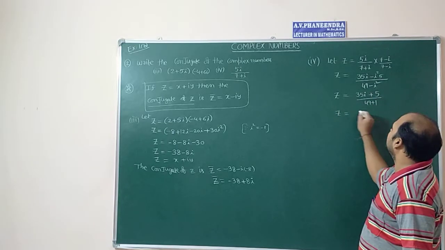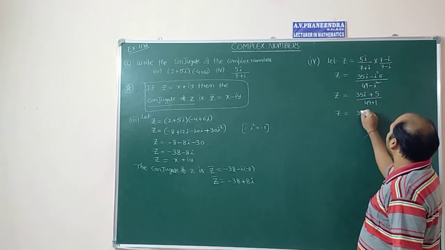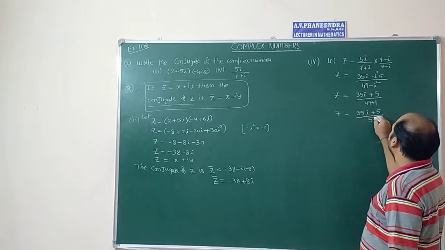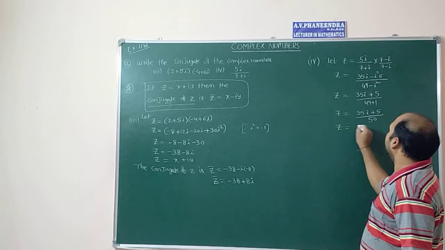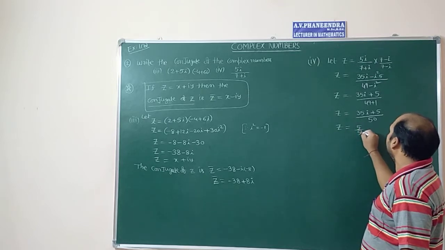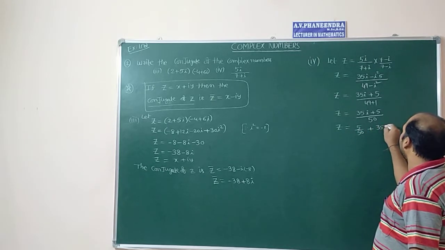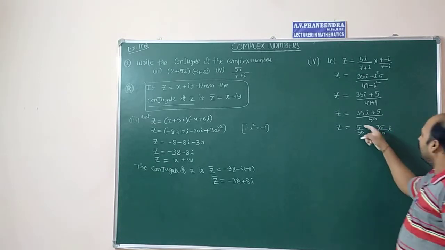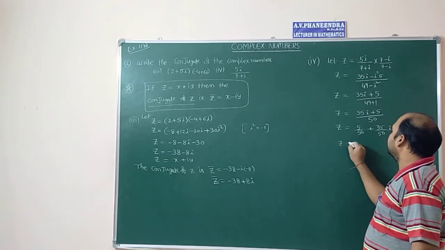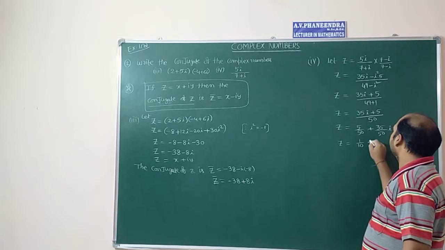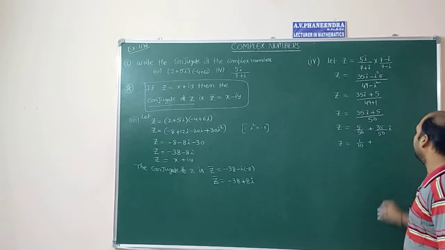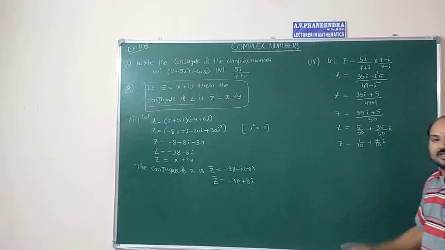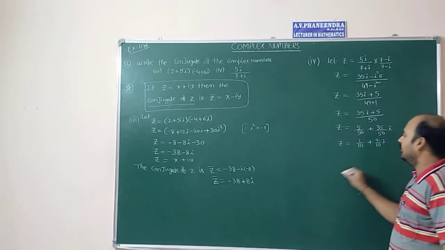So, z is equal to 35i plus 5 divided by 50. So, z can be written as 5 by 50 plus 35 by 50 into i. 5 ones are 5, 5 tens are 50. Therefore, z is equal to 1 by 10. 5 sevens are 35, 5 tens are 50. So, 7 by 10 into i. This is z value, x plus iy.